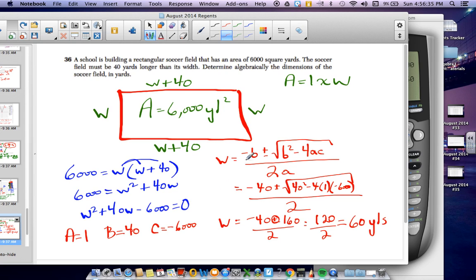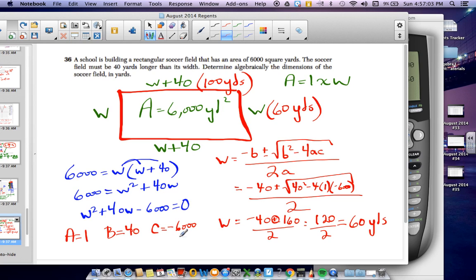Okay? So if the width is 60 yards, what would the length be if it's 40 more than that? What's 60 plus 40? 100. If you did sum and product, like we mentioned earlier, your numbers would have been 100 and negative 60, and you would have set up a t-chart.